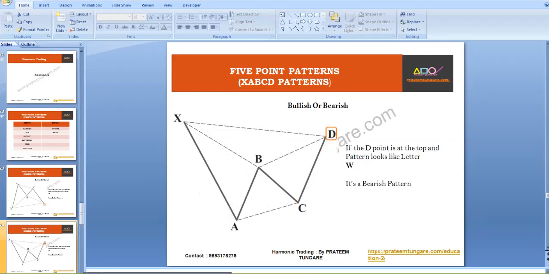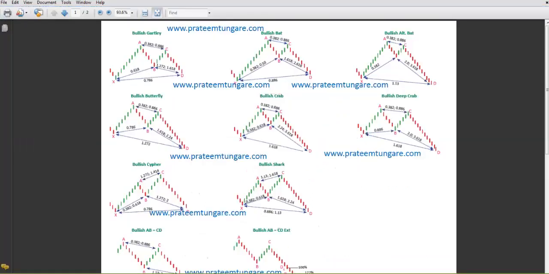Now let's come to this sheet that I have provided you in the group. This is a sheet which will be very useful for you unless and until you remember the ratios. Now all these patterns, if you see, are bullish patterns, as this is an M formation and D is at the bottom.